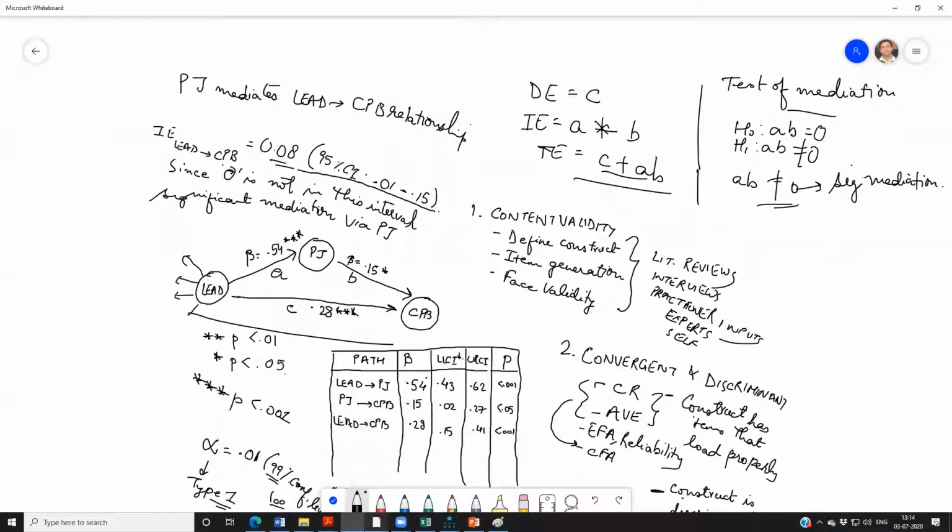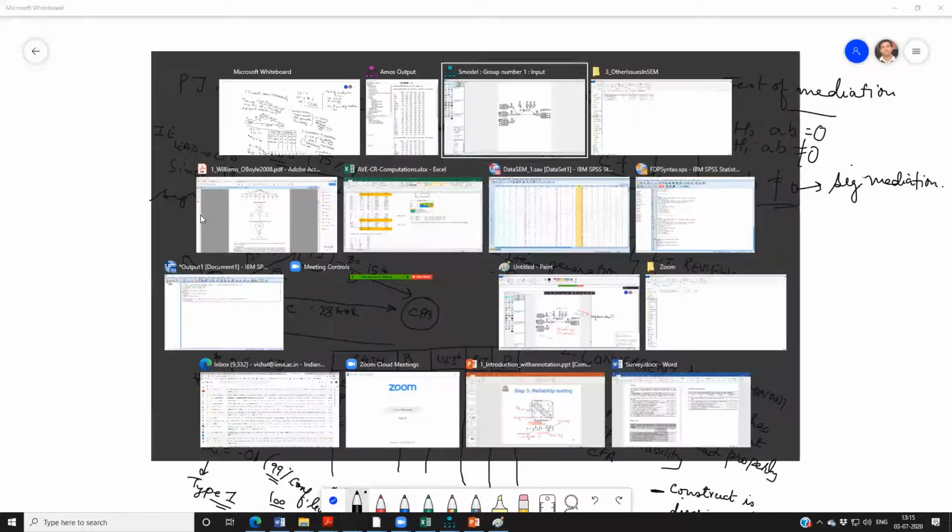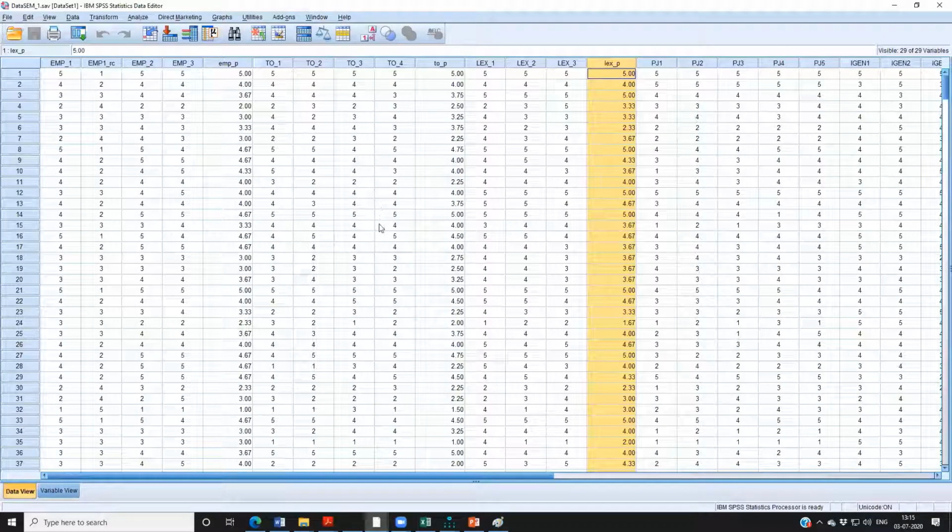Okay, who is there? Hello, sir. This is Subrat. Sir, in case of averaging, when we are taking the average, in your case you had three dimensions of leadership and you averaged them into three. Yes, because these were items of one dimension, and the next were items of another dimension.